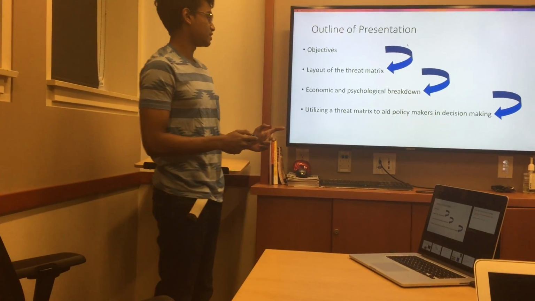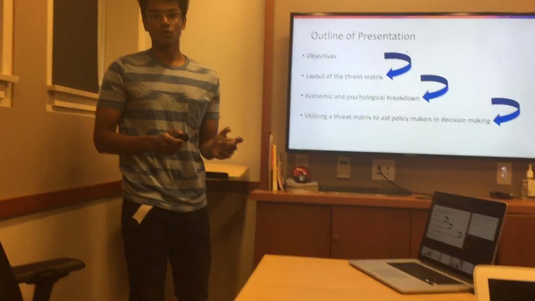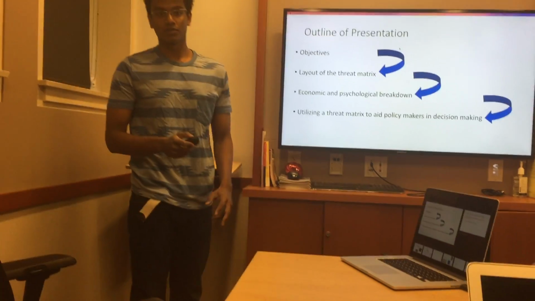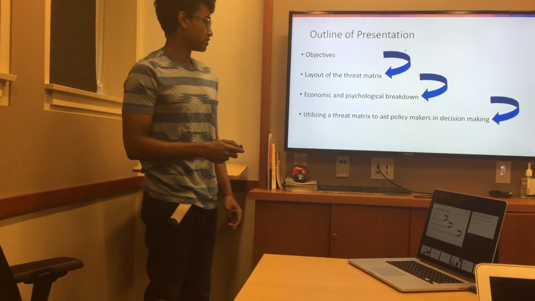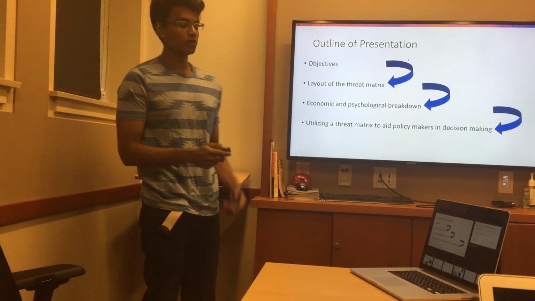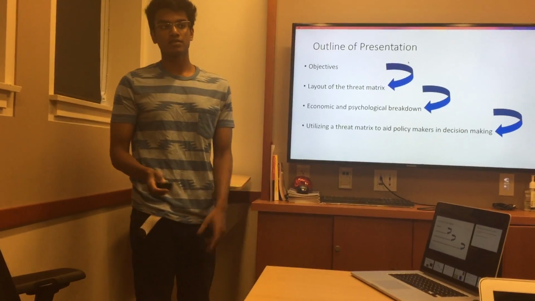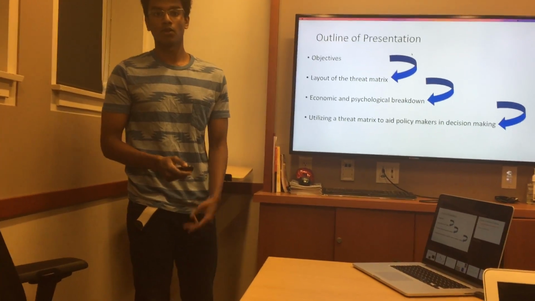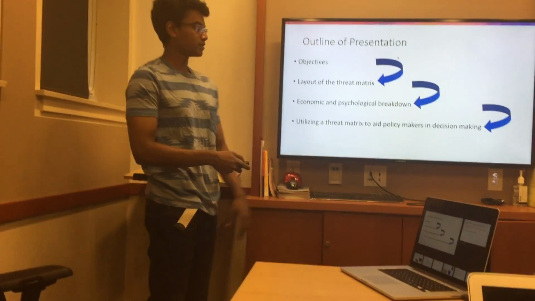Then we'll go into more detail on the economic and psychological effects of each of these security events, and then go further into seeing how we can use these matrices to help in policy and decision making regarding security.